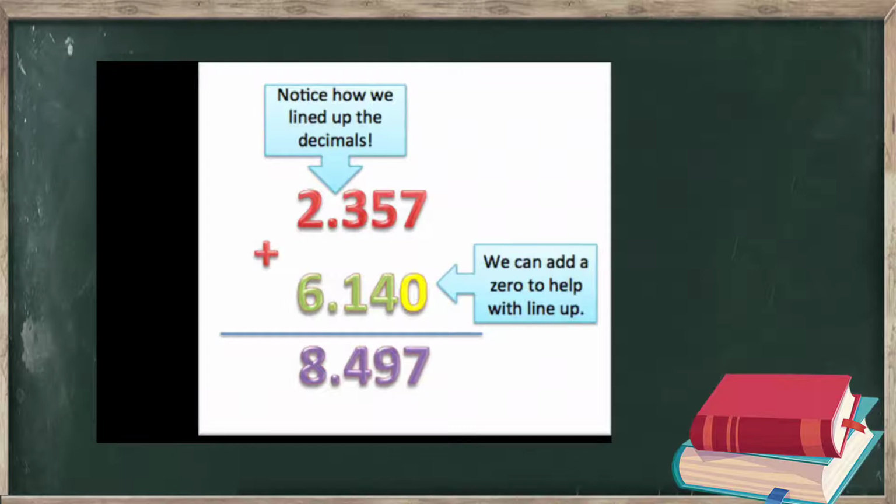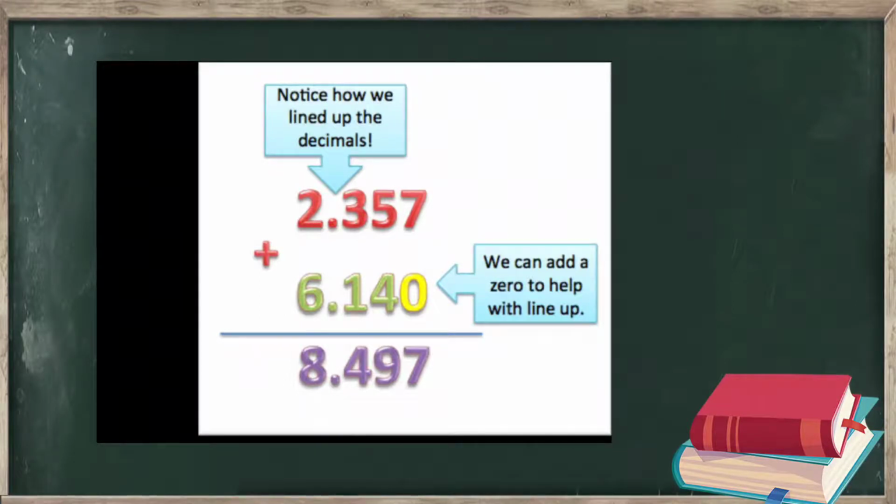Now if the numbers are 2.357 and 6.14, what we can do is add 0 at the end to help with lineup. Means for proper lineup, we can add 0 at the end of the digits. As you can see, the second number is only 6.14, so for proper lineup, we have added 0 at the end.